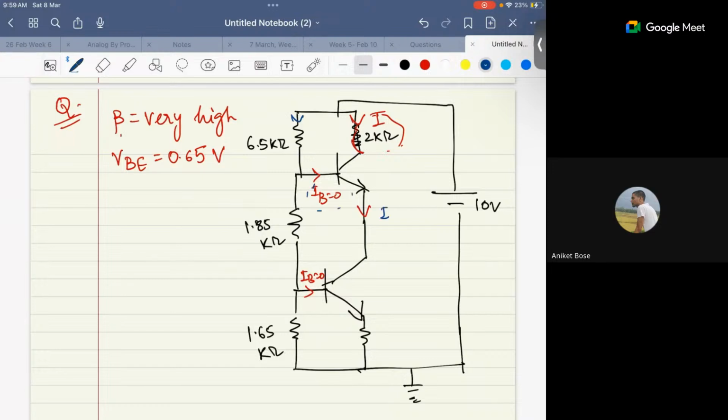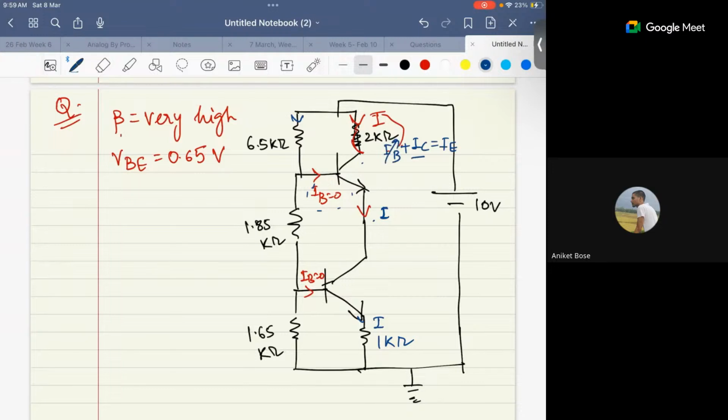Because there is no base current, the same I will come here also, and the same I will come here also. The collector current for the first BJT, IC, will be equal to IE, because IE is equal to IC plus IB, and IB is 0, right?